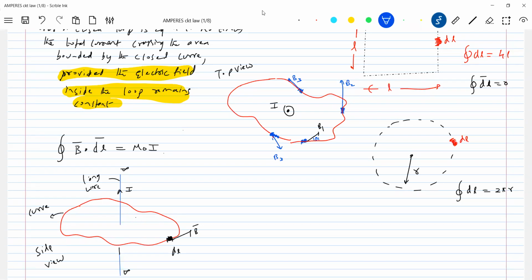There's some angle between them. So what is the expansion of this? The left hand side term will be integral of B1 dl cos theta 1, B2 dl cos theta 2, B3 dl cos theta 3, and so on, is equal to mu naught I.